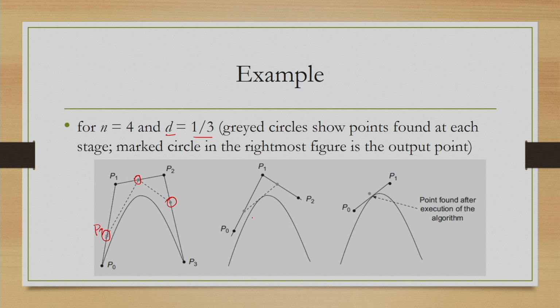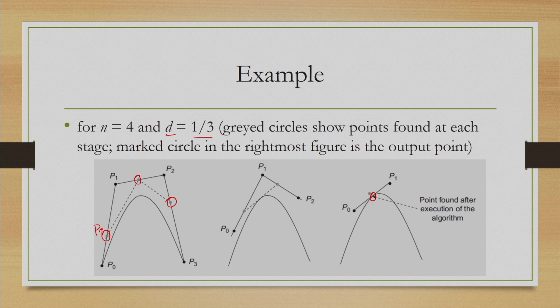Then we continue in the loop to finally get a point here after the algorithm is executed. So, this division continues till we get one point, and at that point we stop. So, that is the output point.